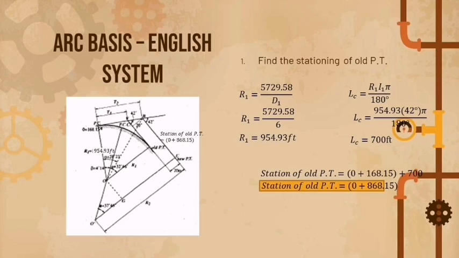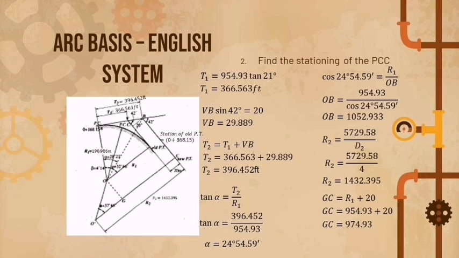So for the stationing of old PT equals 0 plus 168.15 plus the LC or the 700, we will get the answer of station of old PT equals 0 plus 868.15.